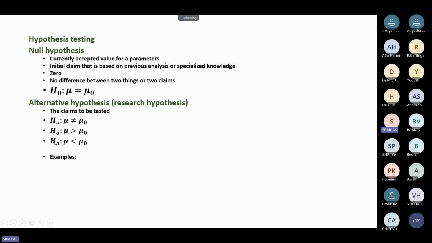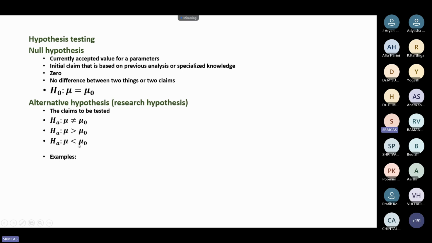The other two types: if for the null hypothesis we state the value as mu naught, then the alternative hypothesis may be more than the null hypothesis, or the alternative hypothesis may be less than the null hypothesis.